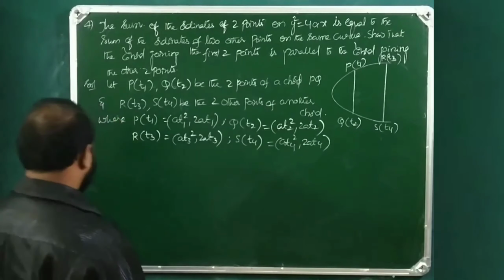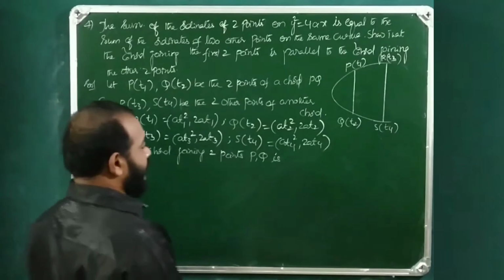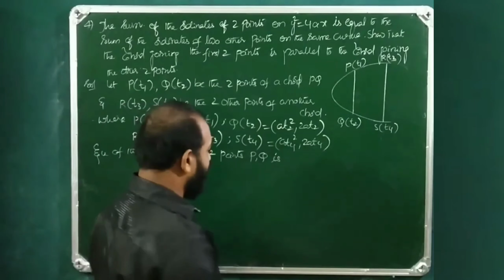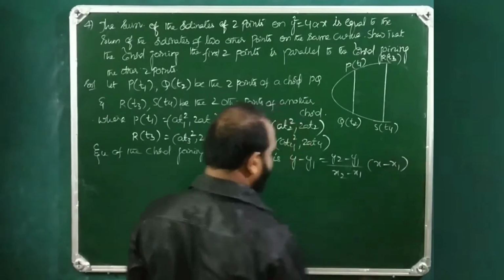Equation of the chord joining two points P, Q is, by the 2 points form, y minus y1 equals to y2 minus y1 by x2 minus x1 into x minus x1.